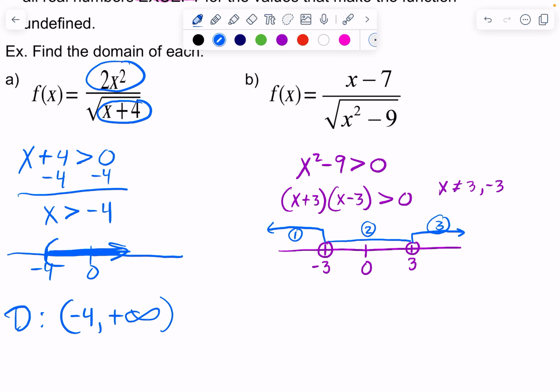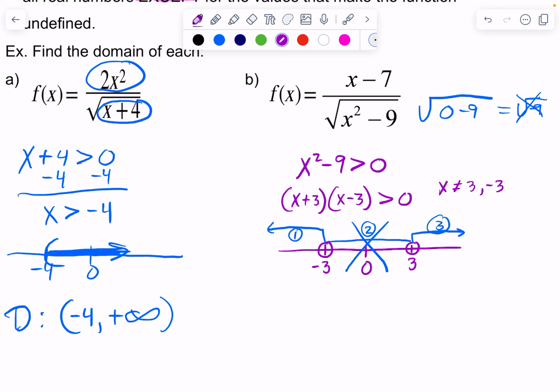So I always like to start with the 0. If I plug 0 into this denominator, I've got square root of 0 minus 9. That equals the square root of negative 9. That cannot work. So zone 2 does not work.